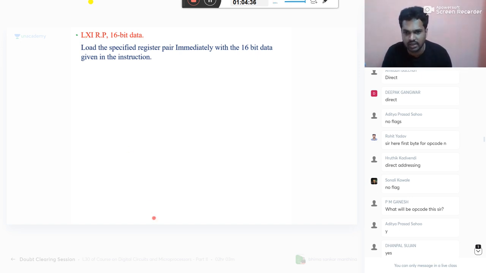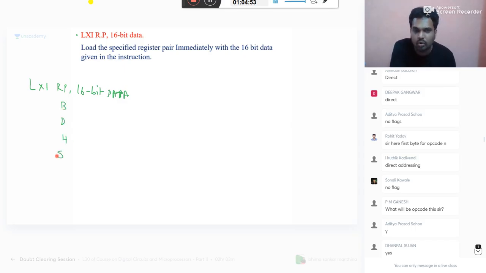Let's see how to do it. If I say LXI RP comma 16-bit data, here your RP can be BC, DE, HL or the stack pointer also.